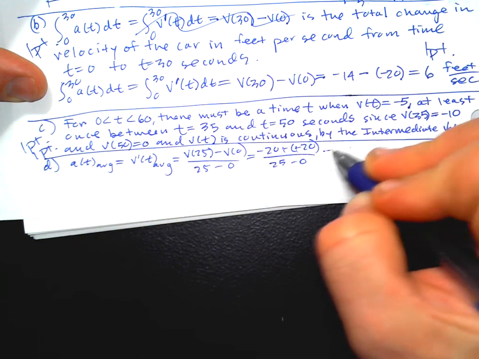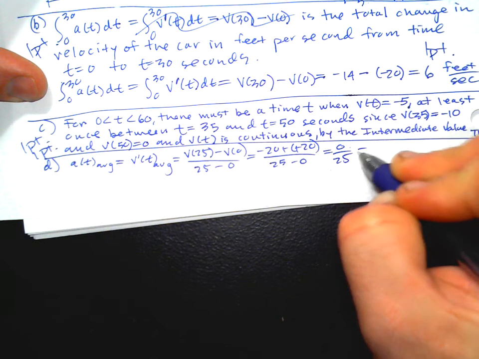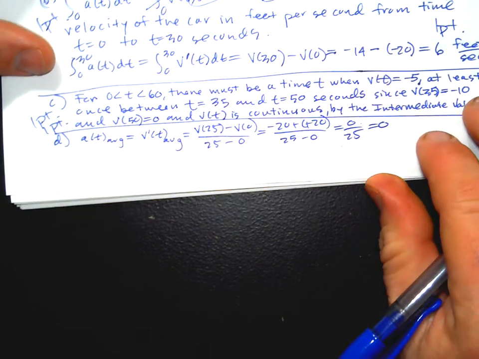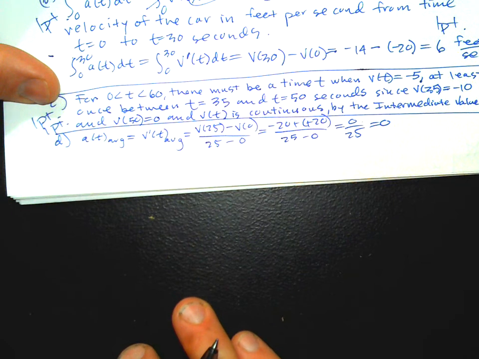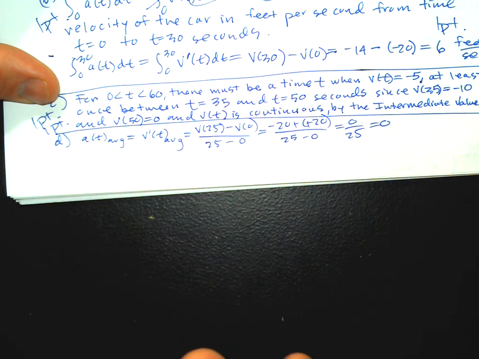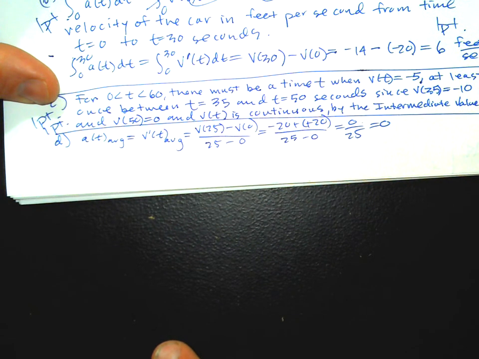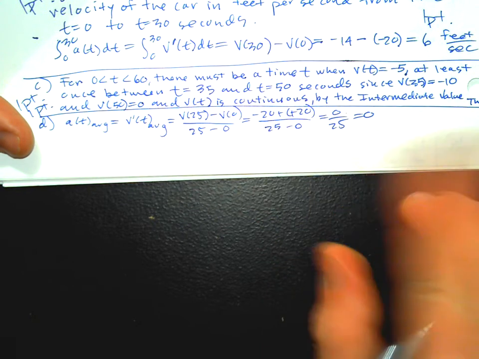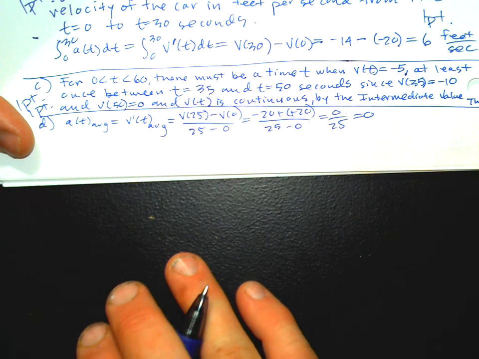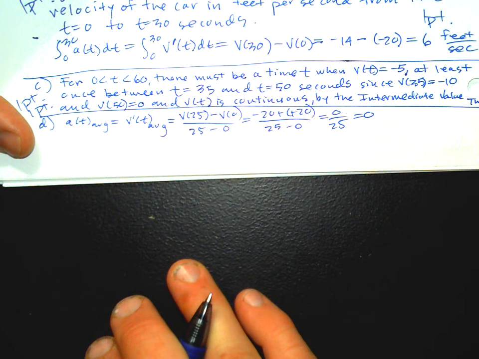It's going to give you 0 over 25. It's going to give you 0. So let's show that work. I mean, you could go for the endpoints, but it doesn't work. So, if you know what you're looking for, you can save some time. So that works. So then mean value theorem, since it's continuous, which is a requirement, then we should be able to use mean value theorem.